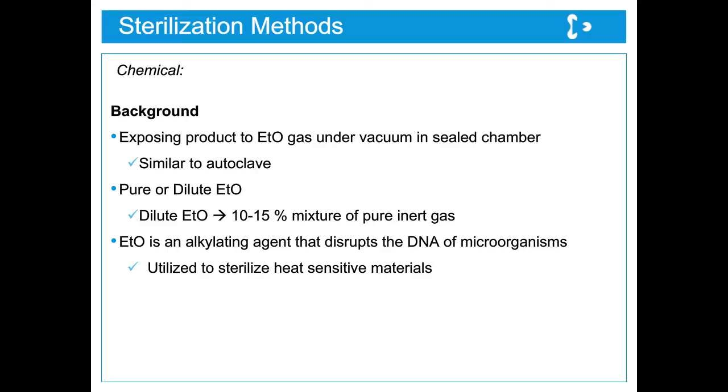So if you're utilizing dilute ethylene oxide, it's important to make sure the mixture of inert gas is around 10 to 15%. Now, chemical sterilization is mostly common when you're working with a heat-sensitive material, such as a plastic that has a low melting point, due to the fact that chemical sterilization is not a high heat sterilization method.